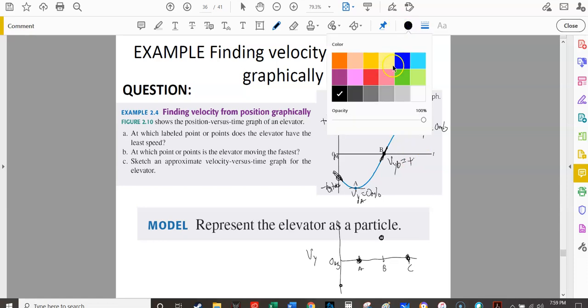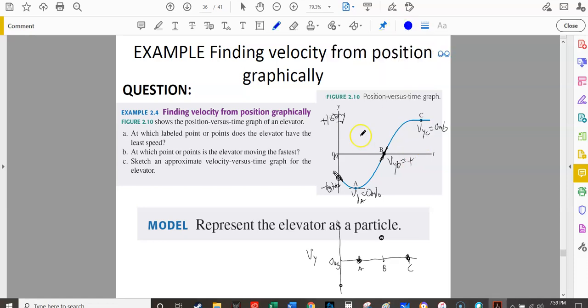Okay, so I'm just looking at the slopes at these points. The slope here is negative, here the slope is 0, this slope is positive, the slope here is negative, and that is going to be almost like little y-intercepts here. It's negative here to coincide with this, then it becomes 0, and then becomes positive, and then it becomes negative again.